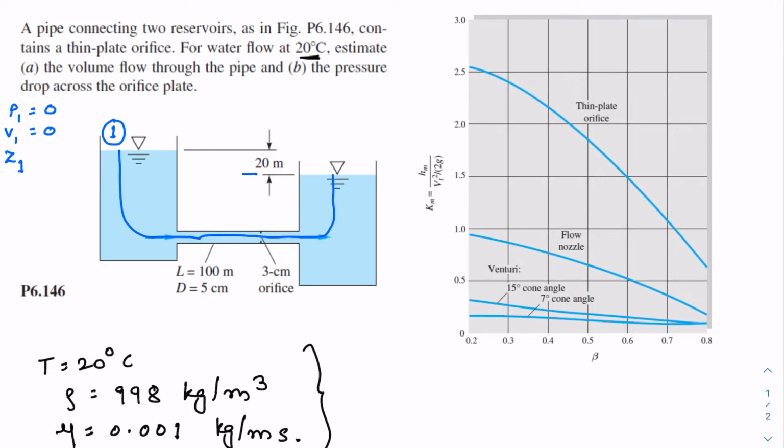Let's say this is my datum, my z equal to 0 line. Similarly, I'll choose this to be point 2. Pressure at point 2 is again 0 because it is open to atmosphere. Velocity at point 2 is 0, and the elevation of point 2, by the choice of our datum, is 0.